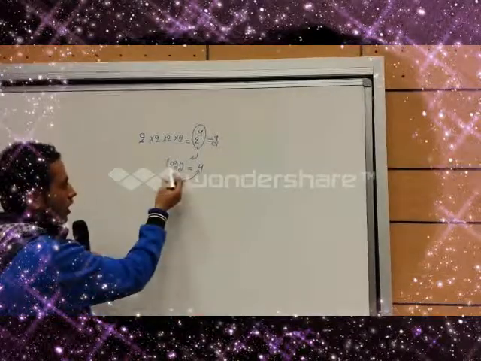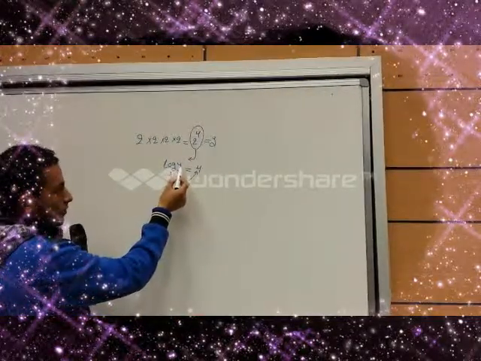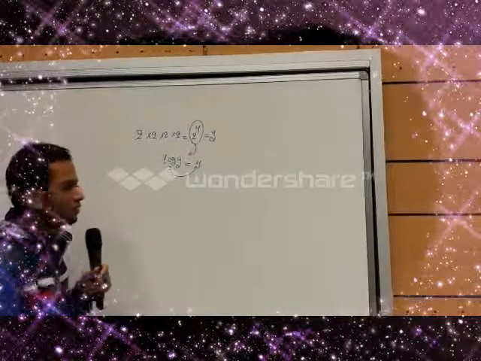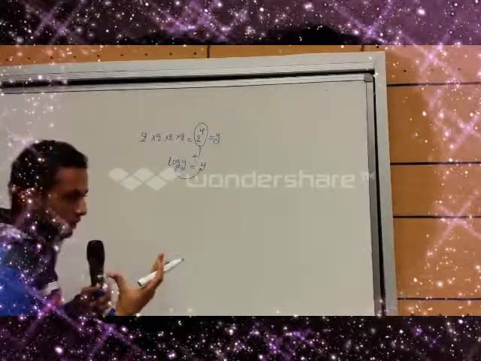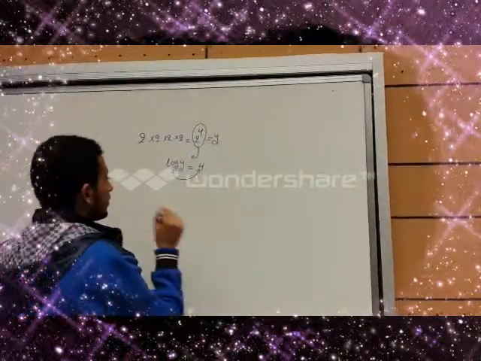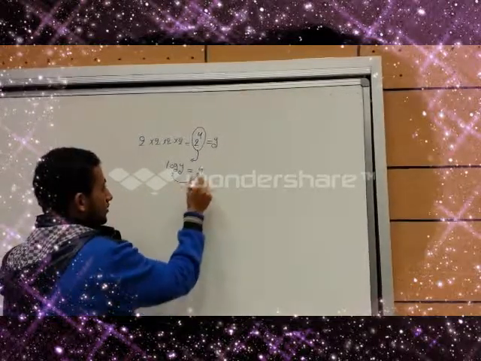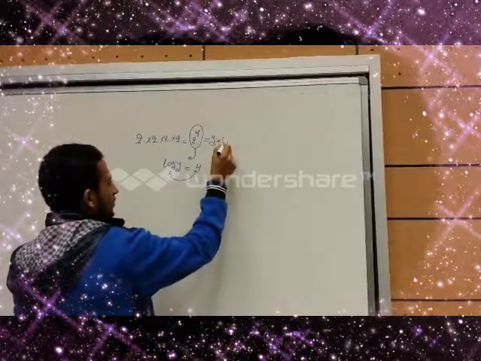So we have log y to the base 2 equals 4. This is the meaning of the logarithm function in mathematics. And we know that the y here equals 16.